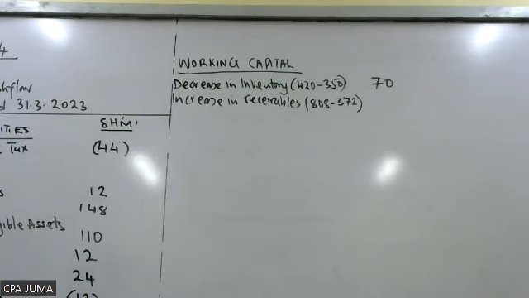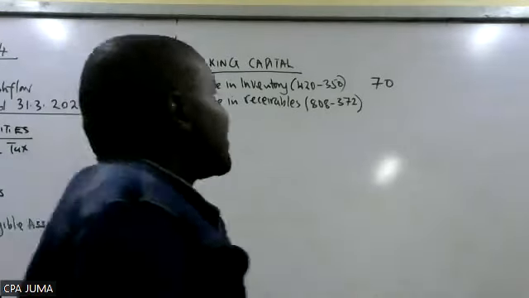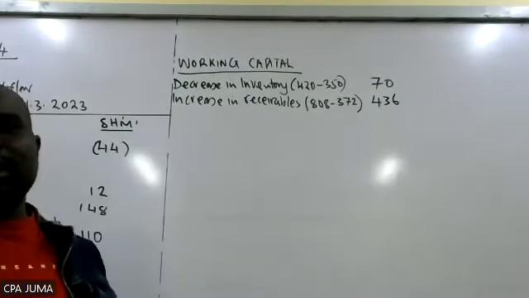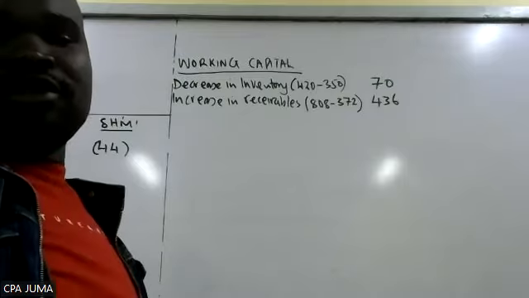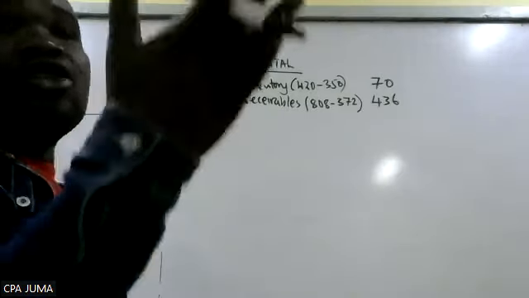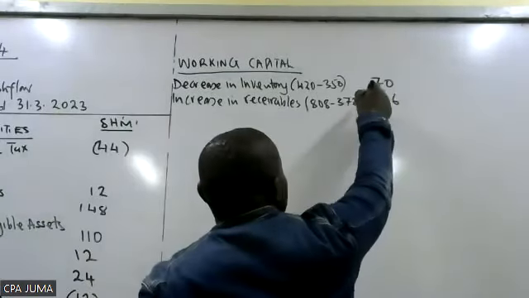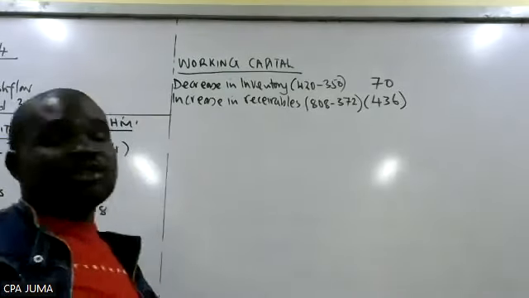How much is the increase? 436. So 436, we add or we less? We less. Increase, the same with the debtors. When debtors balance increases, it means you are selling on credit, where we collect money. So your money is outside. So this one, you subtract.